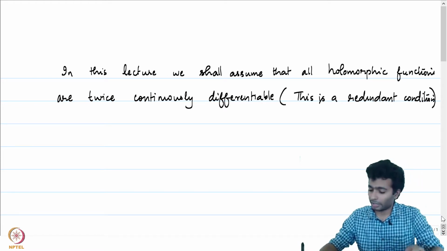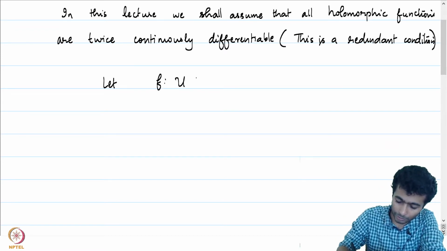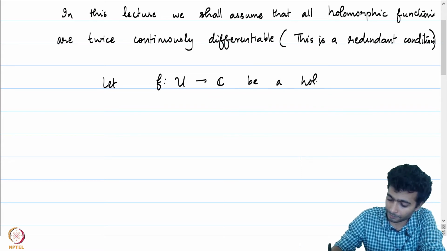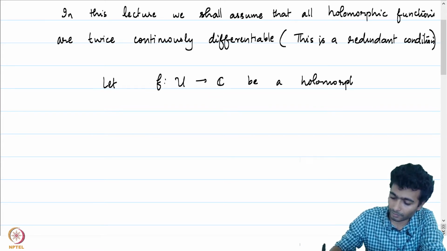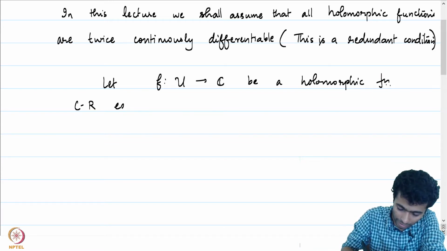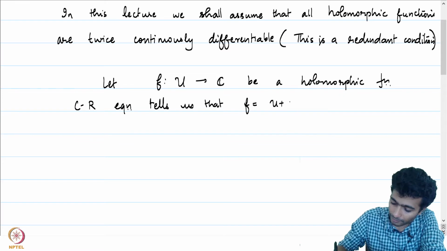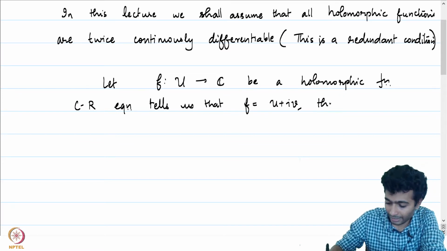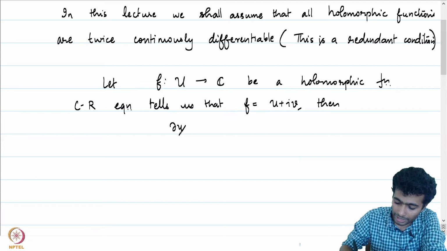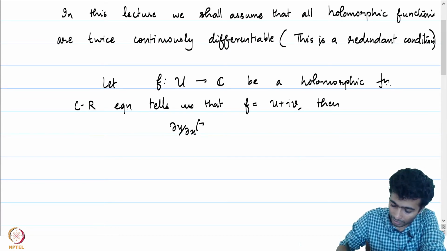And let's also recall that given a holomorphic function, so let f from U to C be a holomorphic function, then what does the Cauchy-Riemann equation say? The Cauchy-Riemann equation tells us that if f is u plus iv, then ∂u/∂x is equal to ∂v/∂y at every point z.